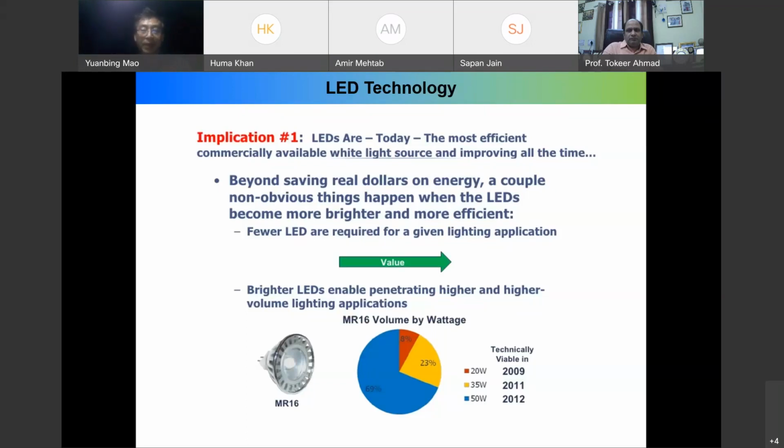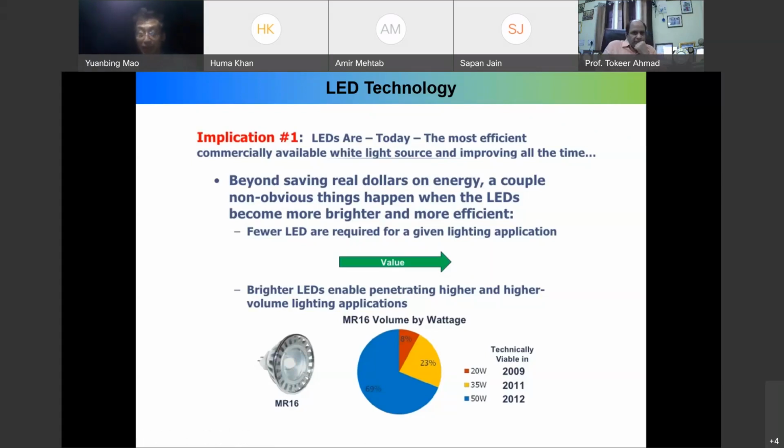And other than saving real dollars on energy, a couple of other things are happening as well. When LEDs become brighter and more efficient, fewer LEDs are required for a given lighting application.